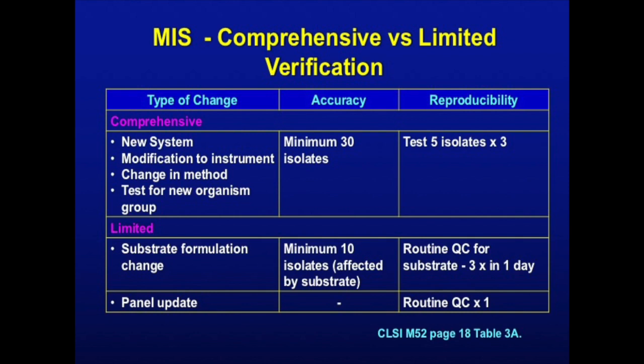If you're just doing a panel update, it's not necessary to run any isolates for accuracy, but you want to make sure that your quality control is performing correctly. A very detailed explanation of this is found in M52, and this chart can be found on page 18, Table 3A.